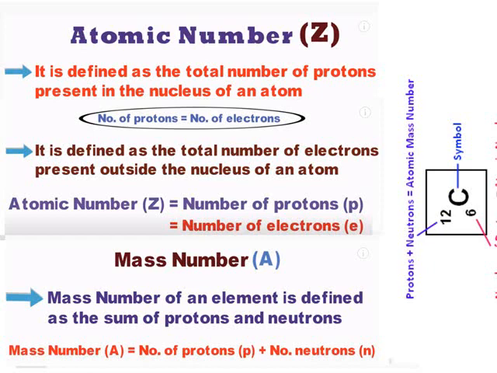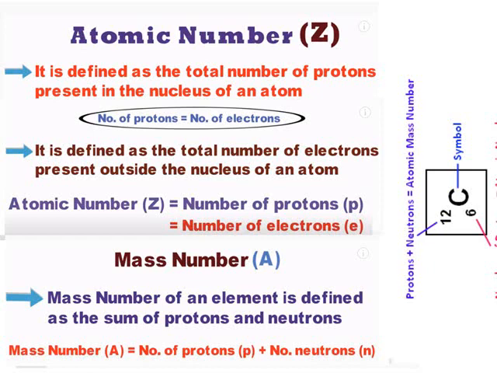Students, this slide explains the atomic number and mass number individually. Just listen very carefully because these two are very important. Atomic number, as we have seen, is represented by the letter Z. It is defined as the total number of protons present in the nucleus of an atom.